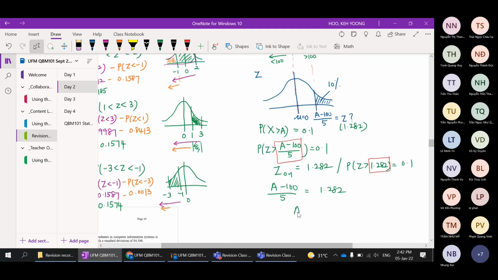You solve these equations and you will get the A value, which is the minimum weight. So the minimum weight for the heaviest 10% is 106.41 grams.